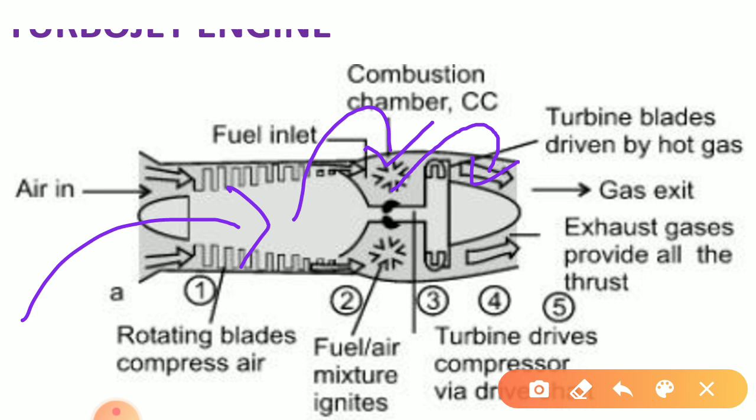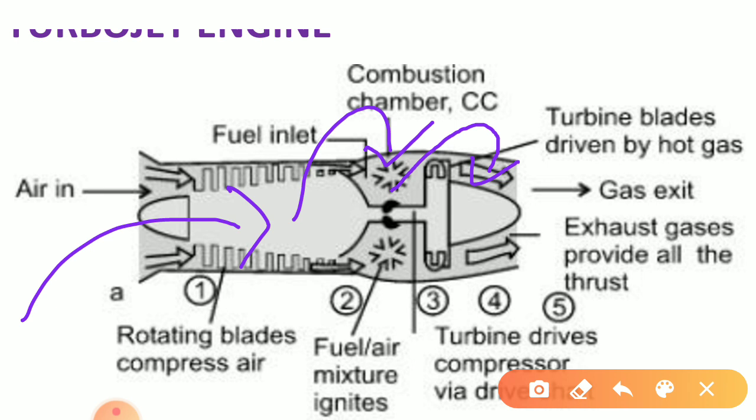After the expansion of gases on the turbine, they are exhausted from the rear end of the engine, which has a nozzle shape, and because of that the gases leave at very high velocity.